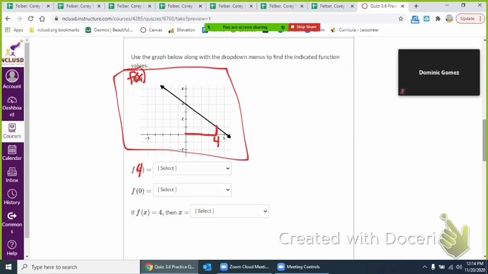Then we need to go up until we hit the line. It's basically asking you, when x is 4, what is y? So if you go over to your graph, you go over to 4 and up, that should be a point. That's how you're going to figure out what that is.